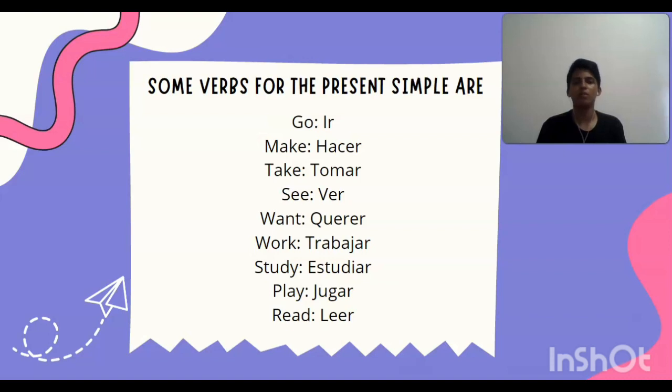For example, I want, I work in, I study in, play soccer, play the guitar, read novels, read books, read text messages, go on vacations, meet, take a ball, for example, see or watch TV.